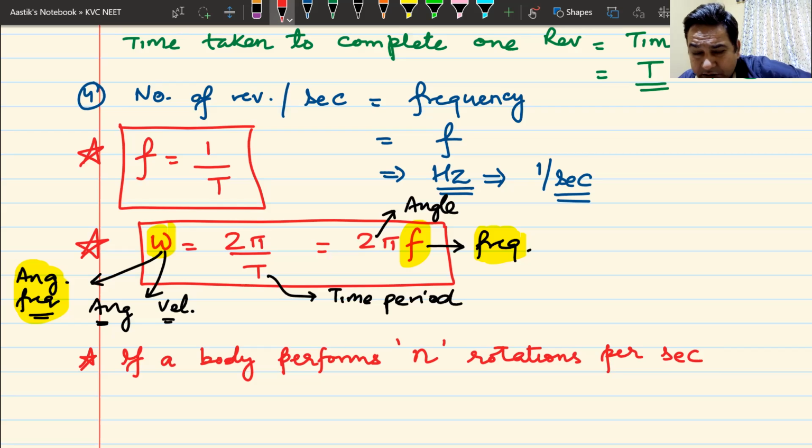And what is that formula for omega? Can anyone tell me?